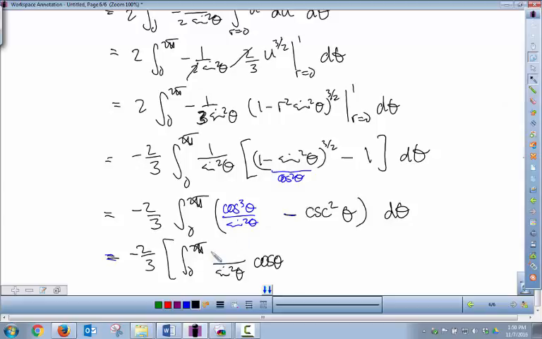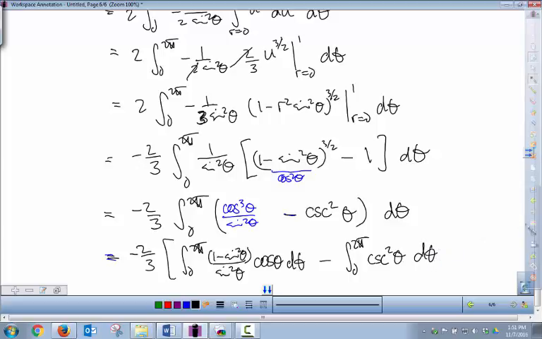This is a cosine squared theta up on top. And I think if you do a u substitution here where u is equal to sine theta, you're going to get something that hopefully would be manageable.